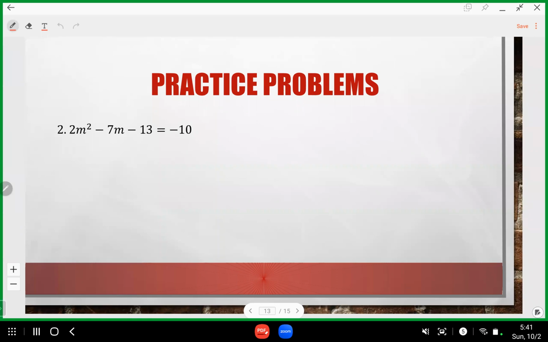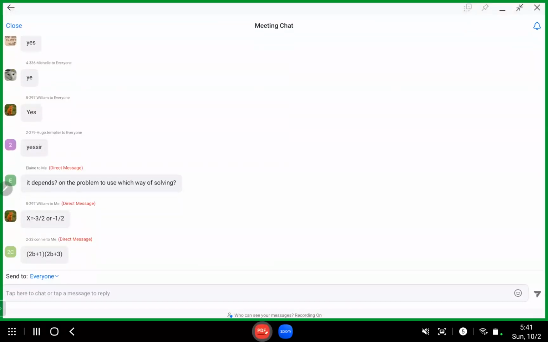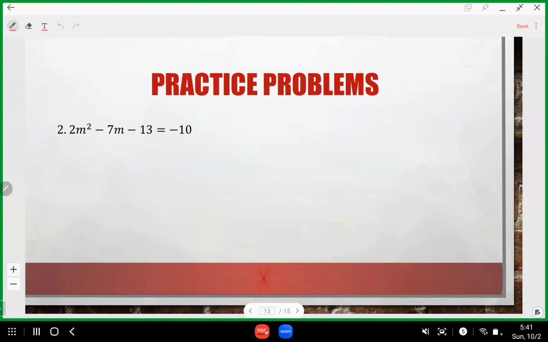We're not going to learn about that yet. For now, just try to use the quadratic formula and just try to remember it.